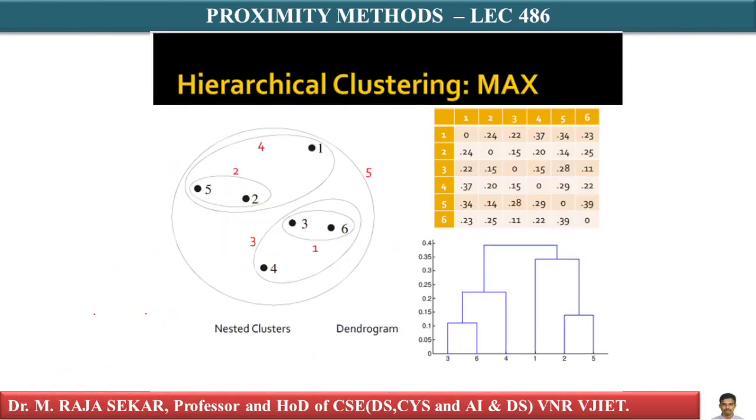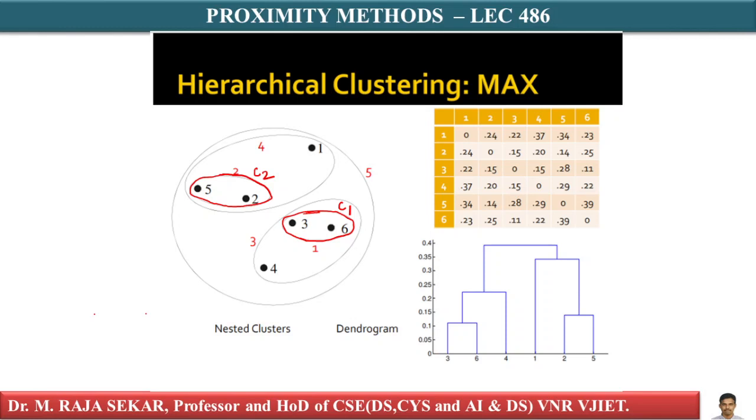Let's look at how max works. Max basically says group two points. Initially every point is a cluster. Let me assume 3 and 6 are in cluster C1, and 5 and 2 are in cluster C2.